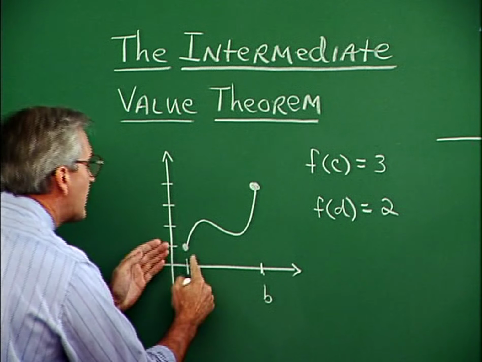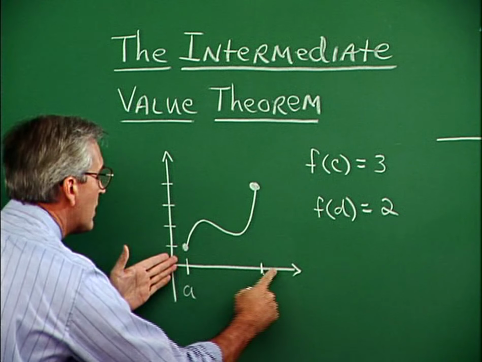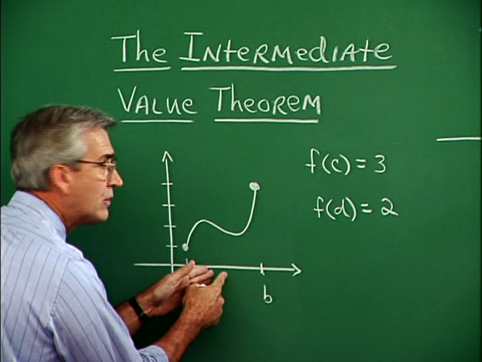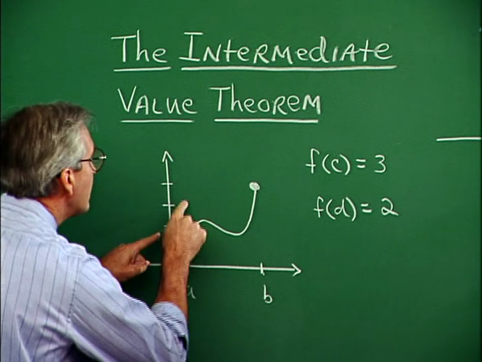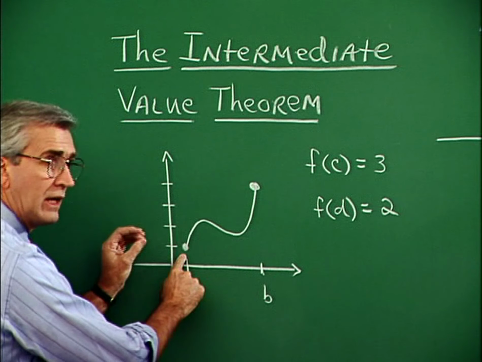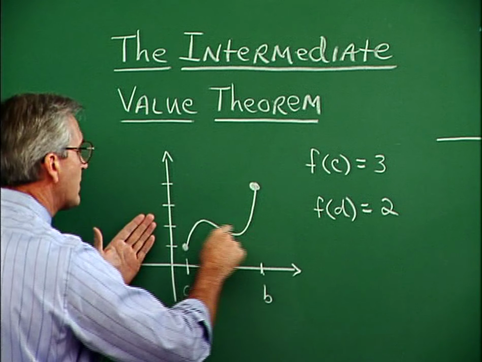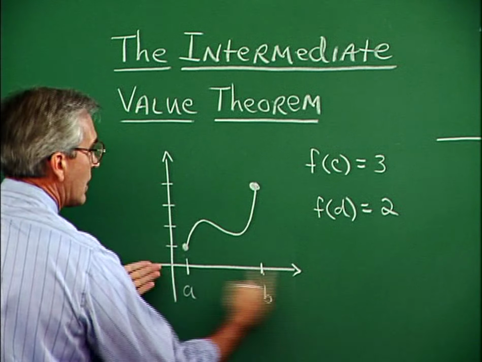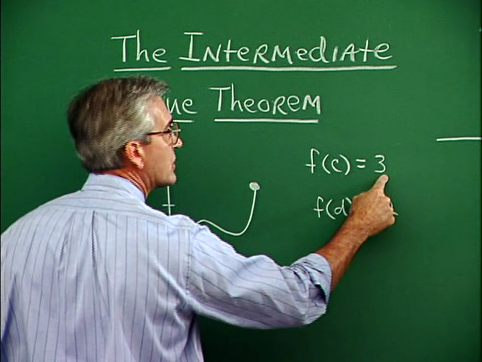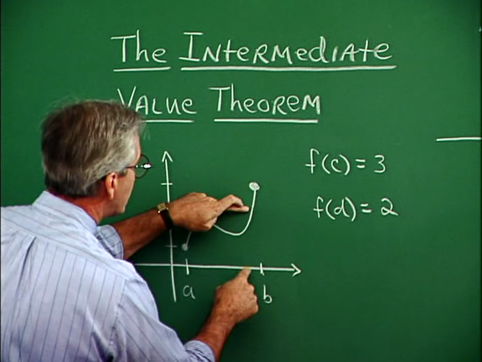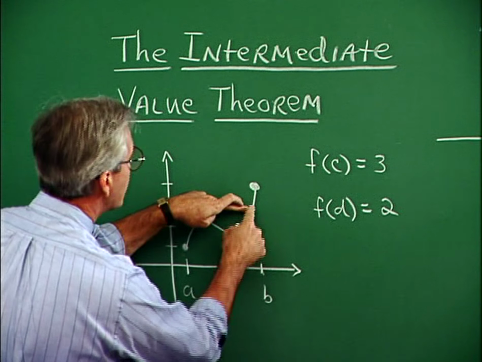So there's some value between a and b such that f of that value is any item between f of a and f of b. That has to happen if this thing is continuous. For example, there is some c in this interval such that f of c is 3. You see, 3 appears up here, so f of c would appear about right here. F of c is 3.